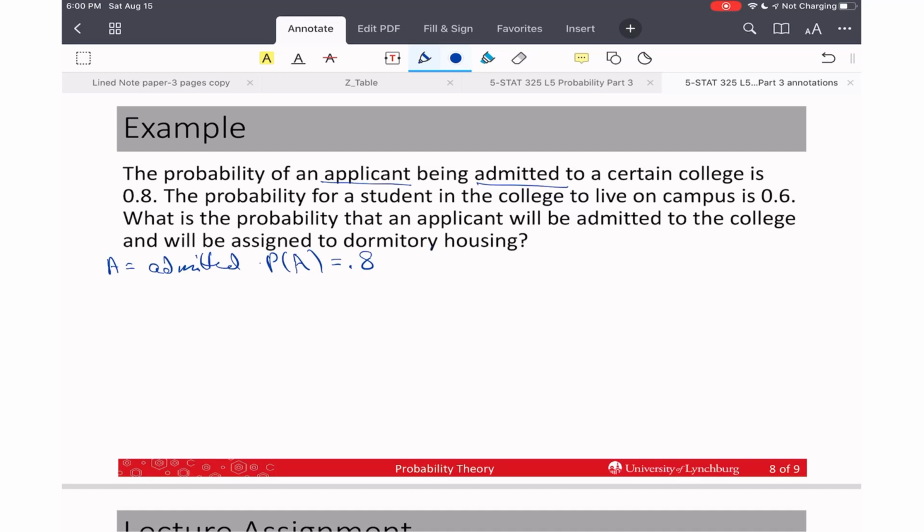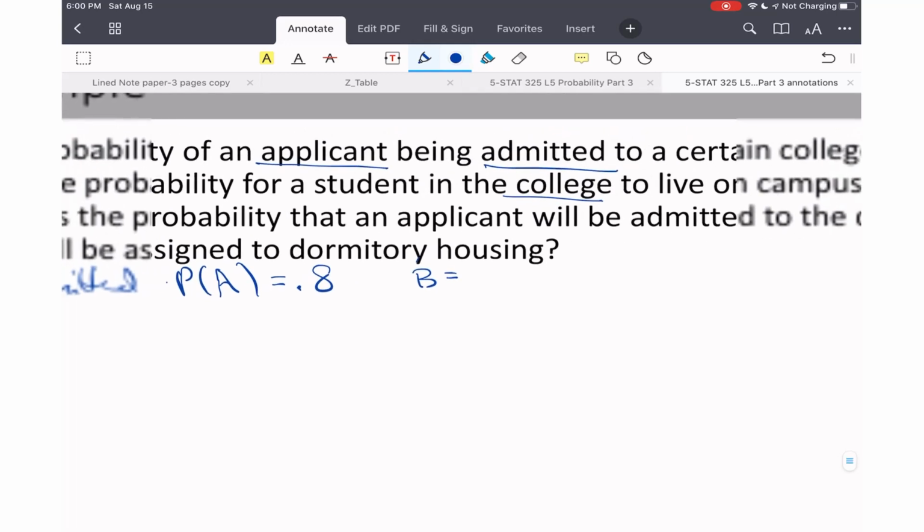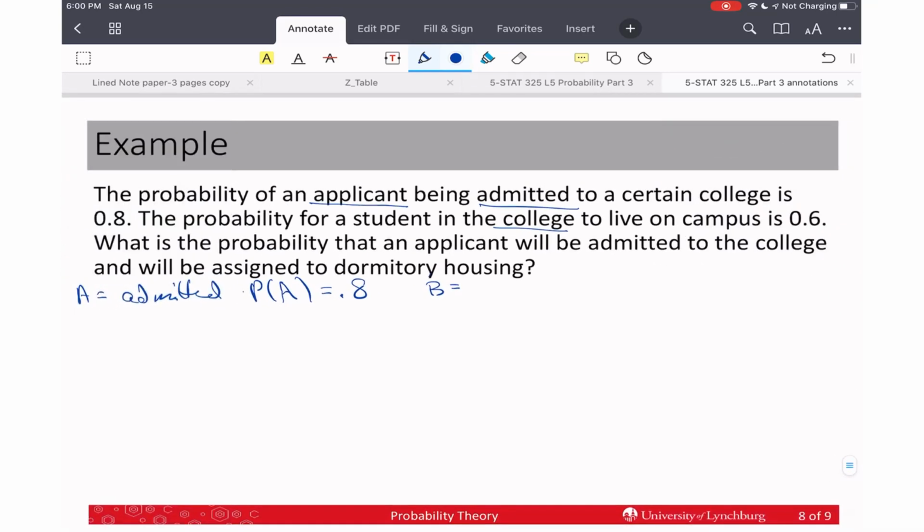Now, this is tricky. They're already a student. So the probability, let's say B, sorry about the zoom there, it happens automatically sometimes, is live on campus. Now, they're not going to live on campus unless they're a student.